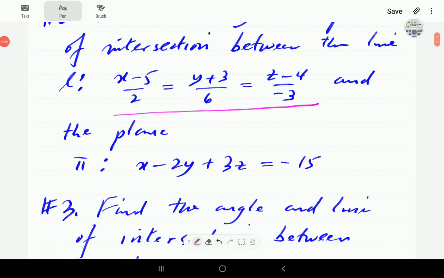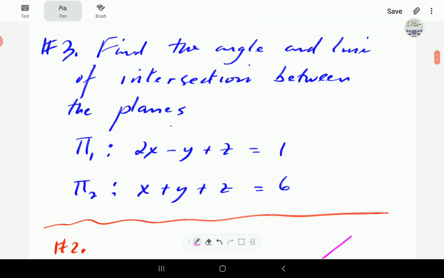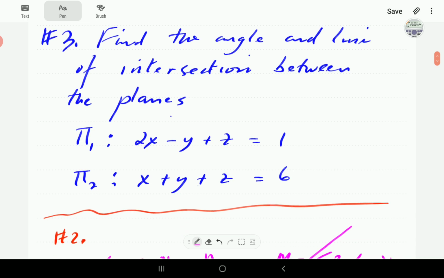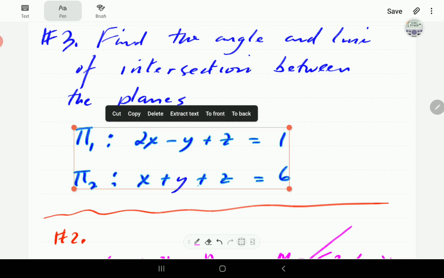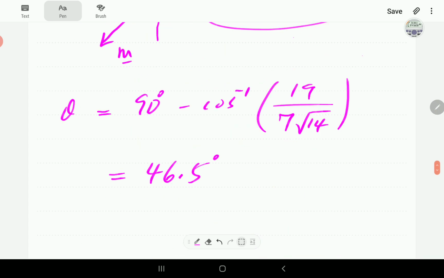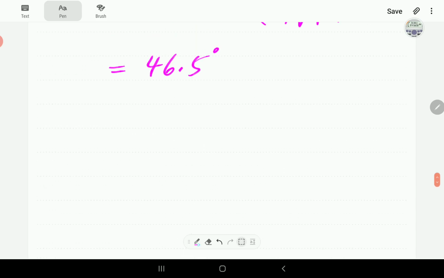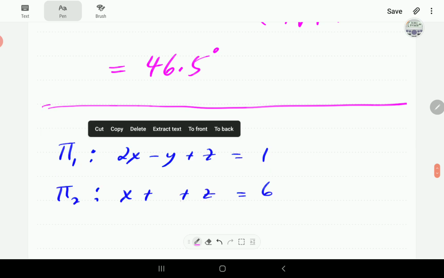So find the point of intersection, we'll find the angle. Number 2, we've got two planes. One, the angle of intersection, and we want the line of intersection. So let's just bring these down this side. We are going to start with the angle.